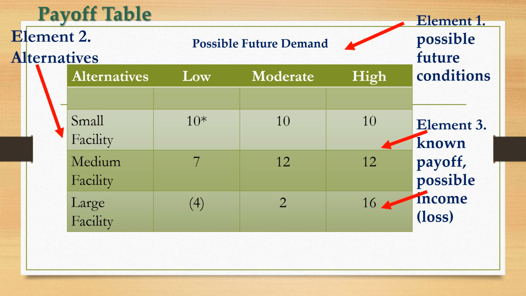So there will be a research or study in order to come up with the payoff under each alternative. So the same thing with the medium size facility and large size facility. You have to conduct a cost-benefit analysis before you come up with the different corresponding income and expenses, or rather loss.